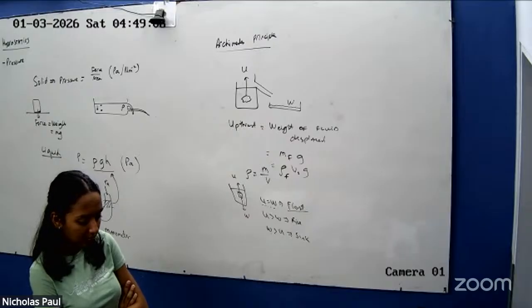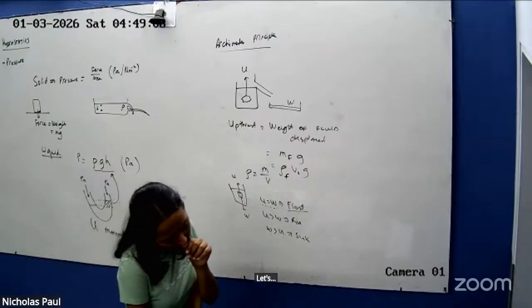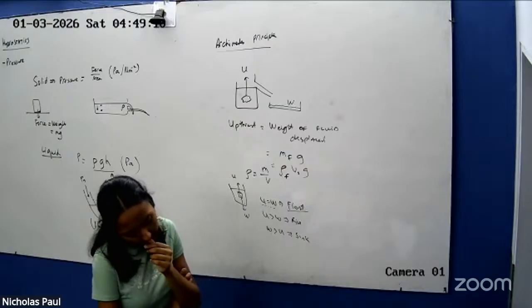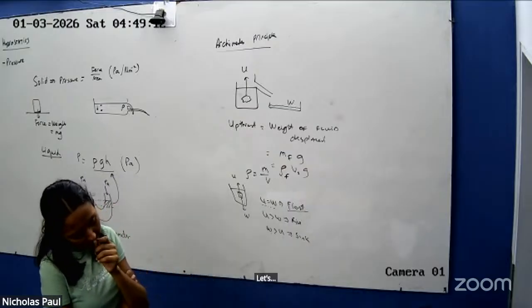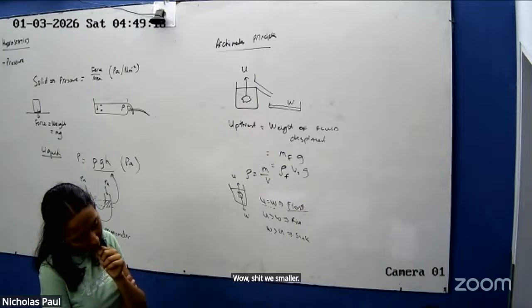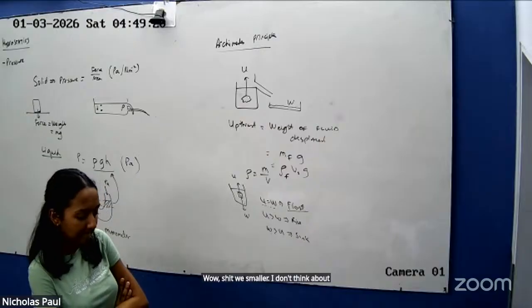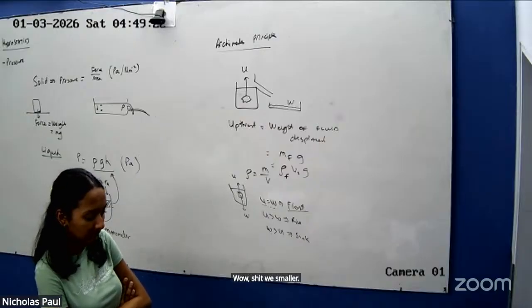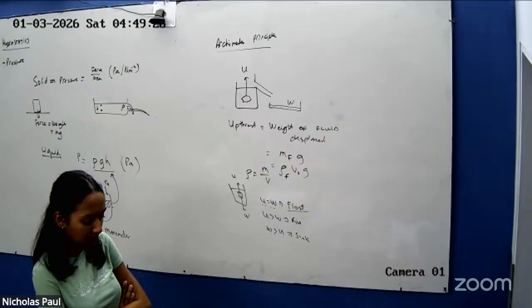Let's see. But it should be smaller. I don't think that value is right. Why do we have to multiply something? By what? By this, by this.